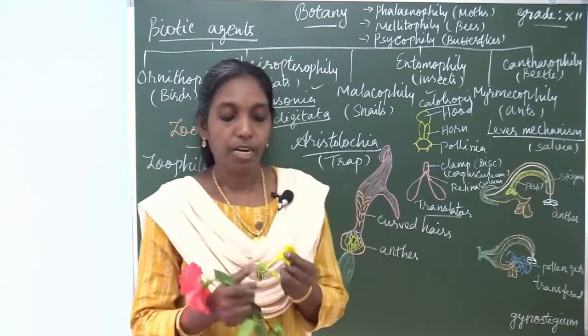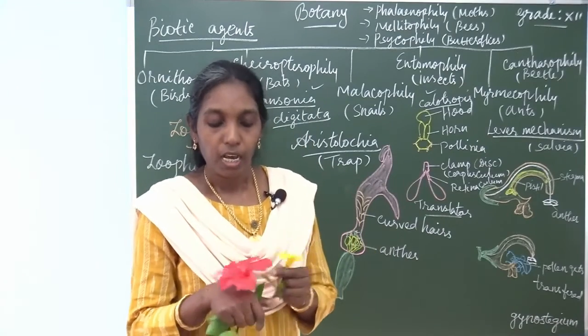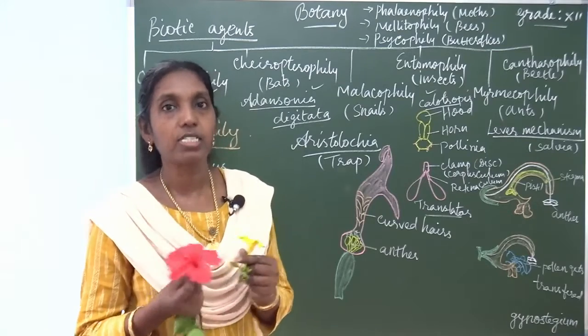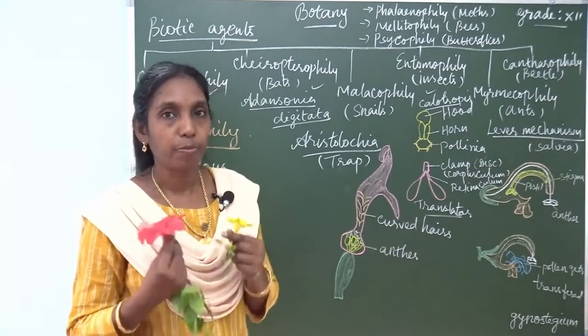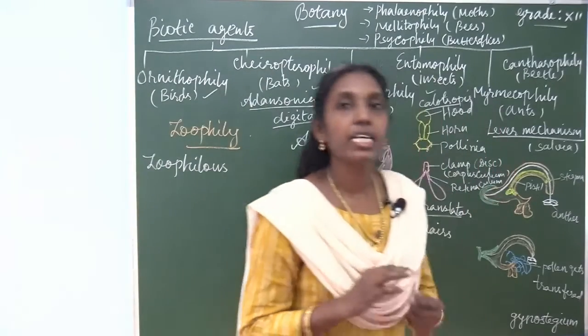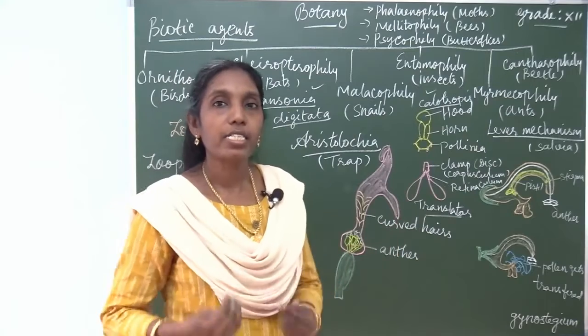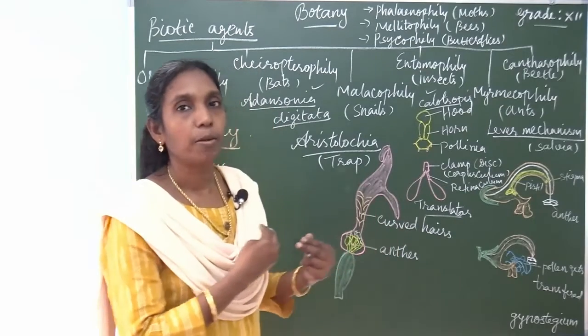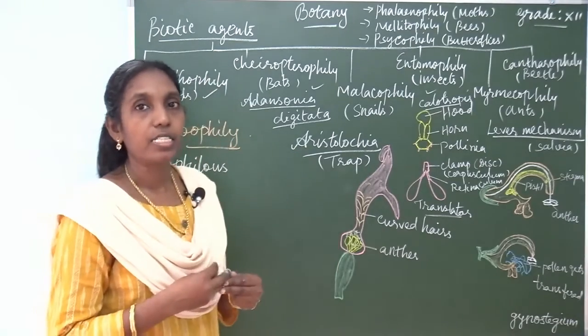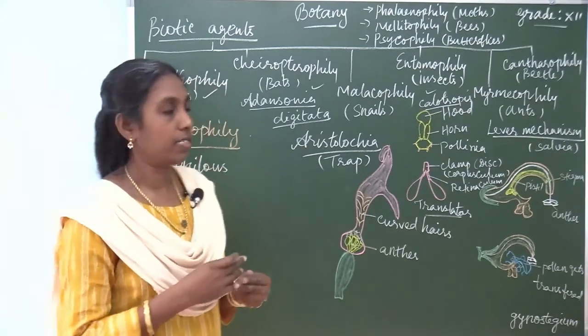The shape of the flower is cup shaped or funnel shaped. These large, brightly colored flowers easily attract birds as well as insects. This shape and color attract the birds towards the flowers, and they secrete nectar.